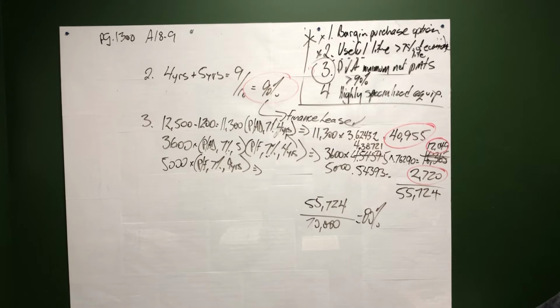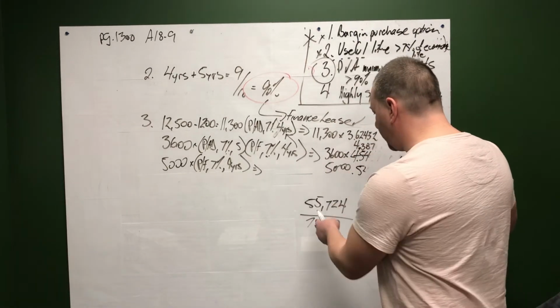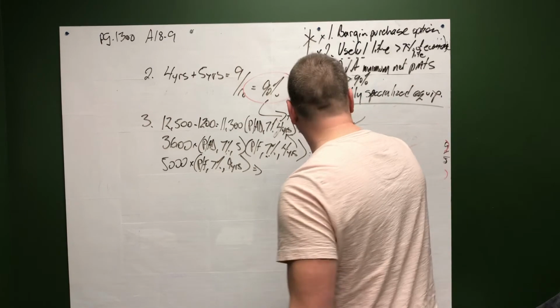So from there, Part 4 asks to prepare a lease liability amortization table only for the first 4 payments. So what I'm going to do is erase this and create a table. Again, we need to use 55,724.